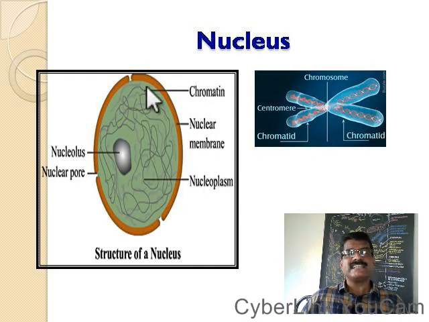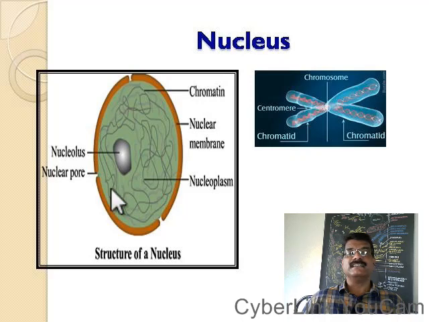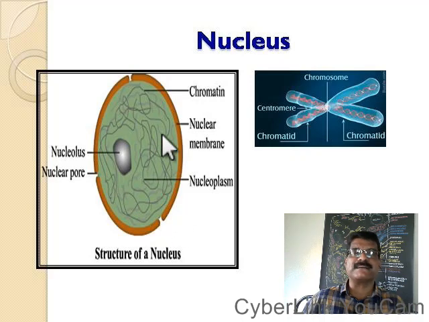Inside the nucleoplasm, you can see a lot of thread-like structures. These thread-like structures, distributed inside the nucleoplasm, are called the chromatin reticulum, or simply chromatin.